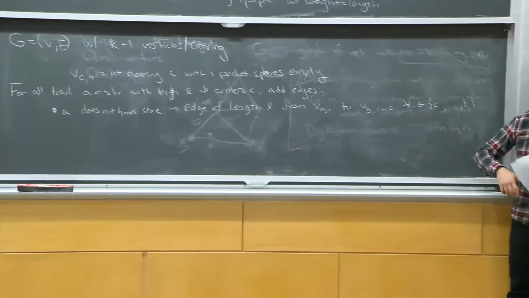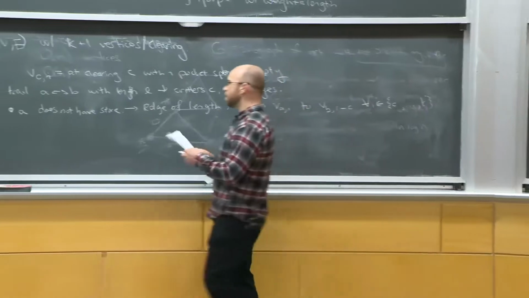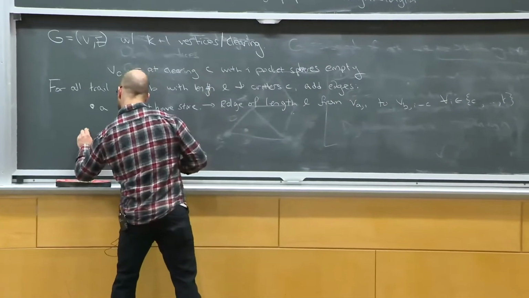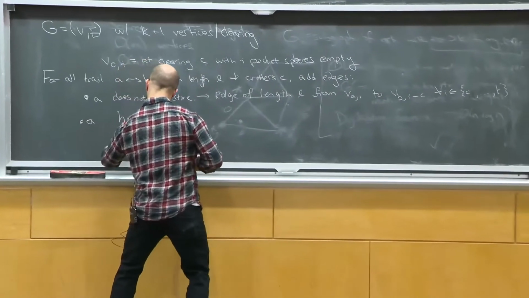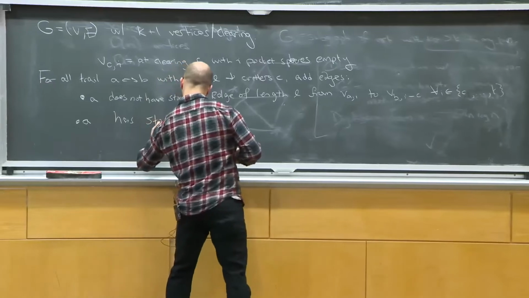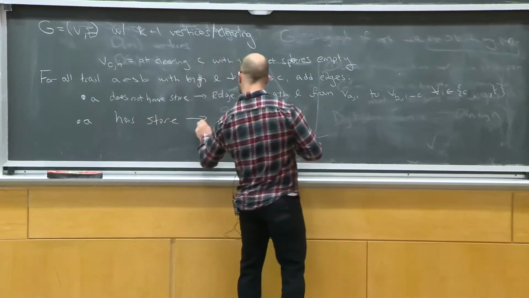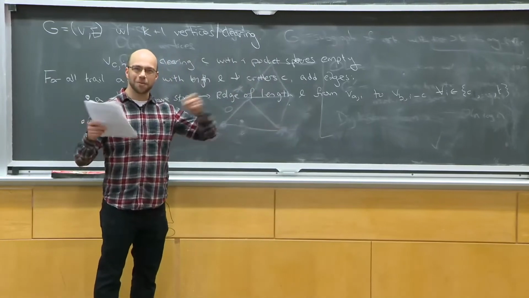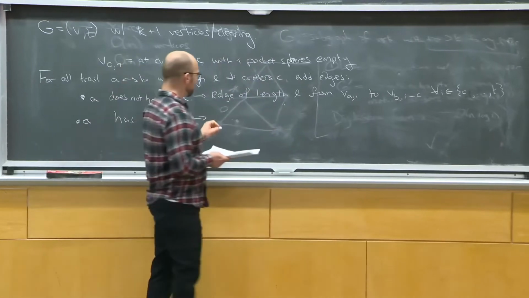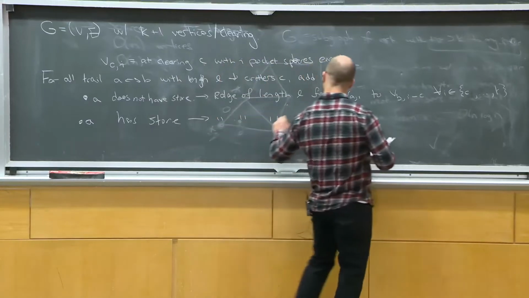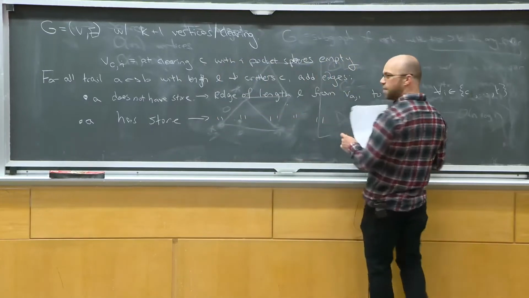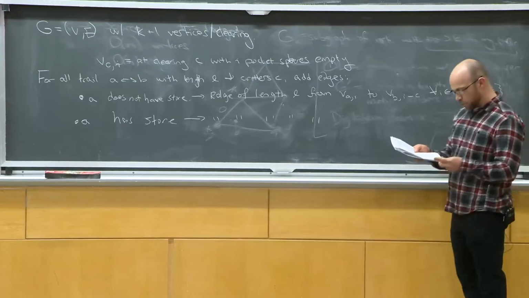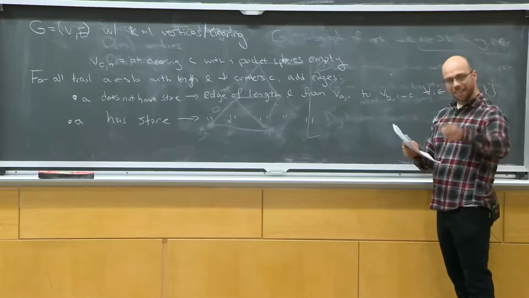And similarly, let's say that A does have a store. Well, I still want to add an edge, but now I have the luxury of clearing out all the stuff in my bag before collecting the critters. Yeah? So now I still want an edge of length L, but now I get to connect more vertices and reset my state in the process, right?